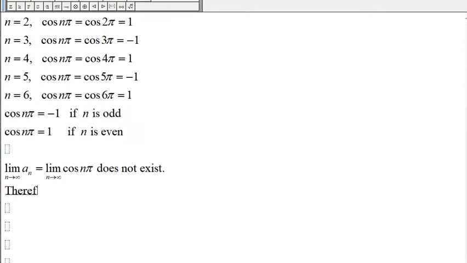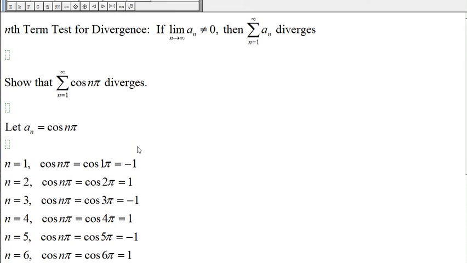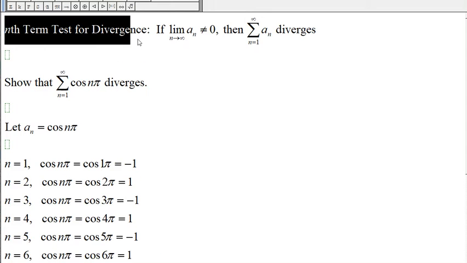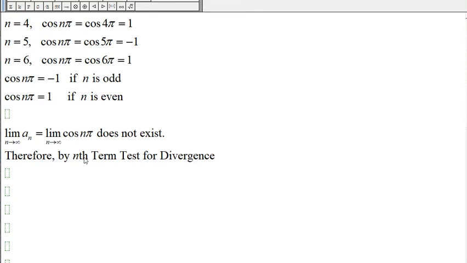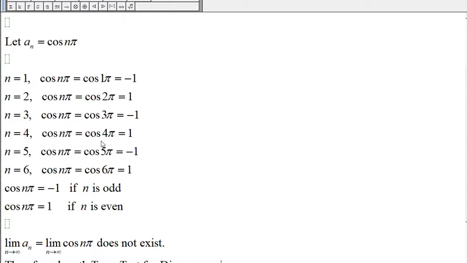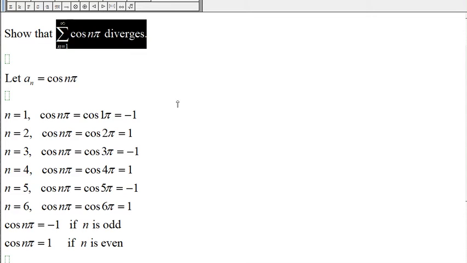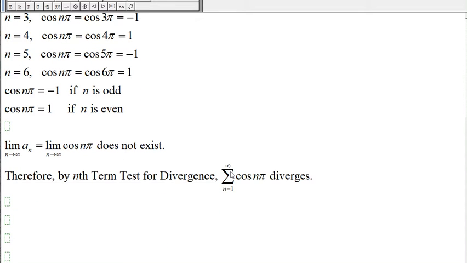And therefore, by the end term test for convergence, this series right here diverges. So we have shown that the limit of a sub n is not equal to 0, and therefore we can say that the series cosine of n pi diverges.